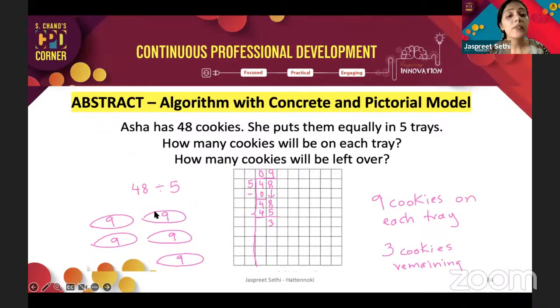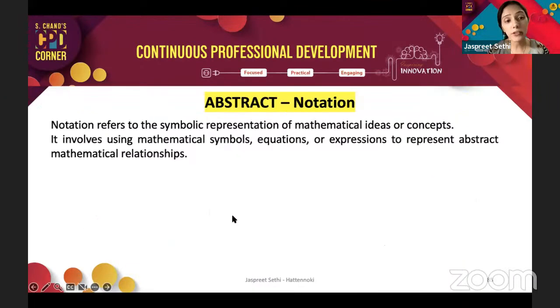I'm sorry, I'll be able to do that 5 times 9. And I'll be seeing 9 cookies on those 5 trays, and I'll see 3 cookies left over. So this is when you're showing it pictorially. And you can use concrete materials to actually do it in person so that students really understand what is happening when we're doing long division.